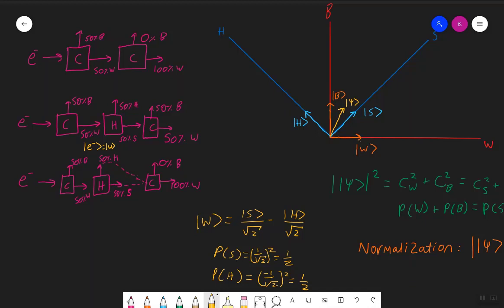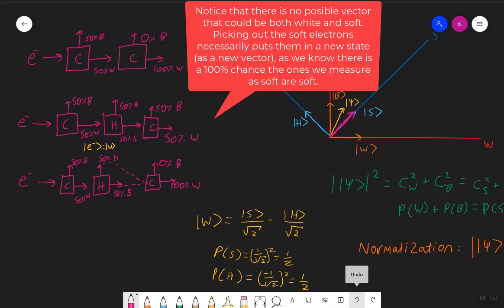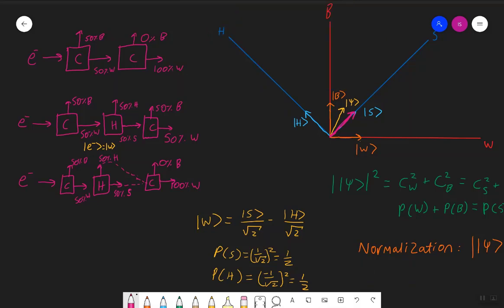So now the electrons were in this state, but then we measured them for their hardness. And now we know what state they're in. Now we're taking all the soft electrons and putting them here. There was a 50-50 chance of being hard or soft, but now we're taking the soft ones, and we know the soft ones are in the state of being the soft unit vector.